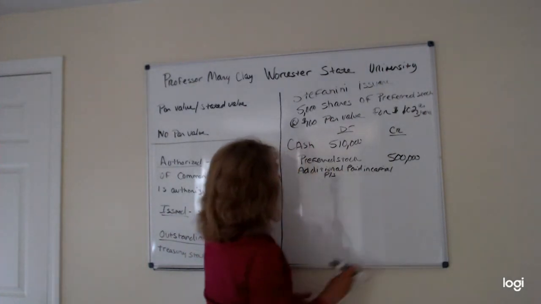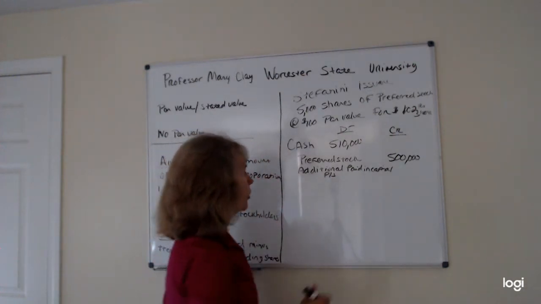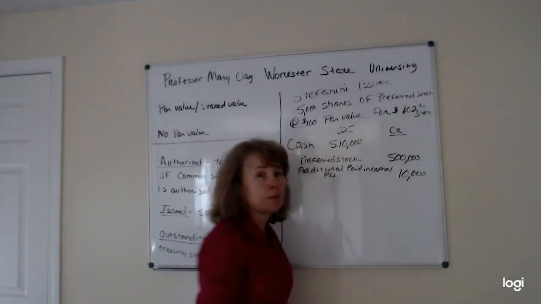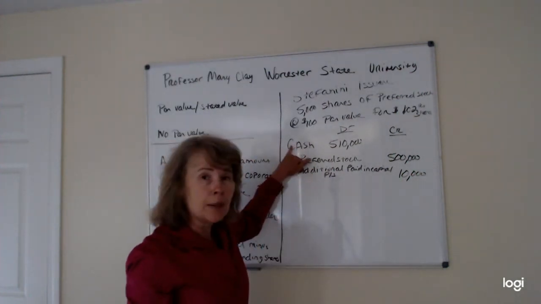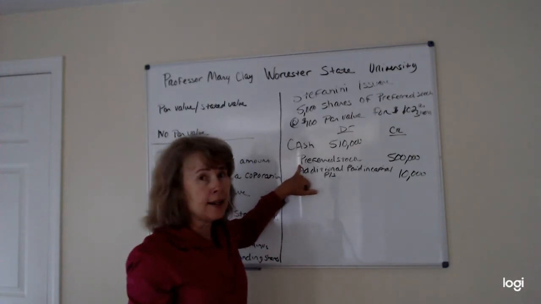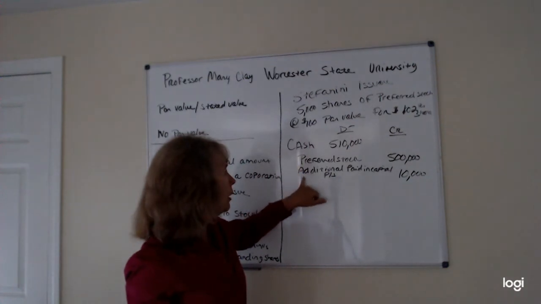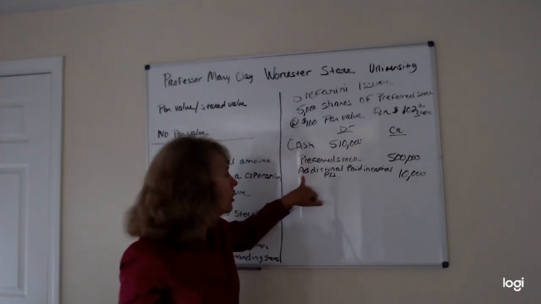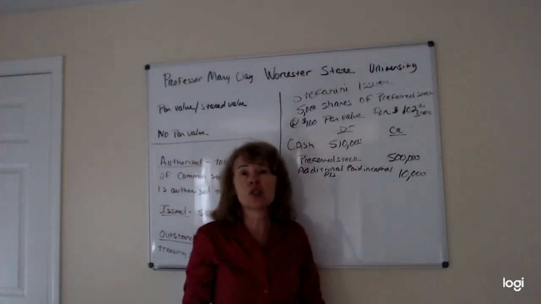Additional paid in capital preferred stock, which is 10,000. Okay, so this is preferred stock. Let me repeat. Debit cash. Credit preferred stock will be listed under equity. It's increasing preferred stock. The difference goes to additional paid in capital, still an equity account. You're crediting 10,000, you will increase under equity.